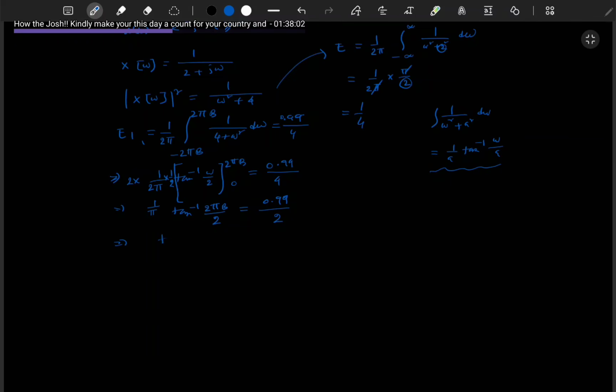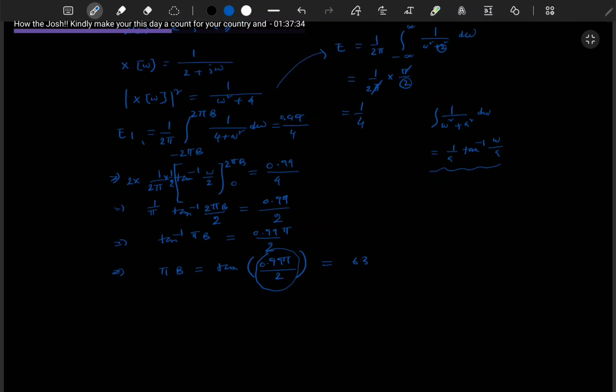Now tan inverse pi B equal to 0.99 pi by 2, so pi B equal to tan of 0.99 pi by 2, and in radians actually we need to calculate this.